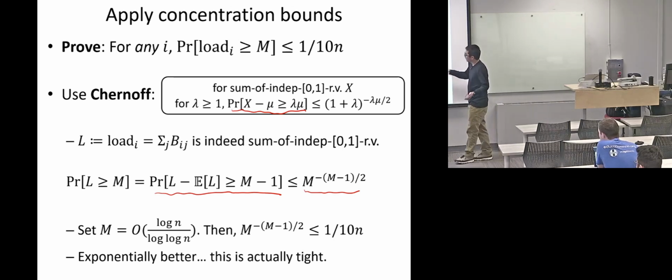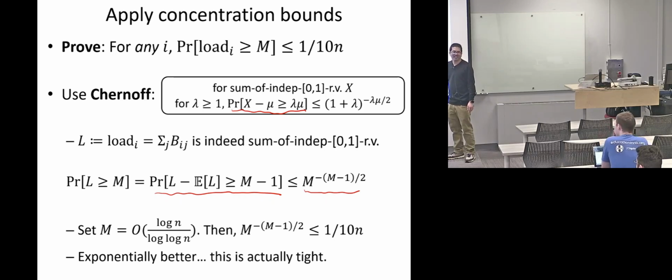How to see this? For example, if this is 2 to the log m, where the base is not m but 2, then you can see that when you set m to be log n, this is going to be 1 over n. Now the base of the exponent is m, so even log n over log log n works too.